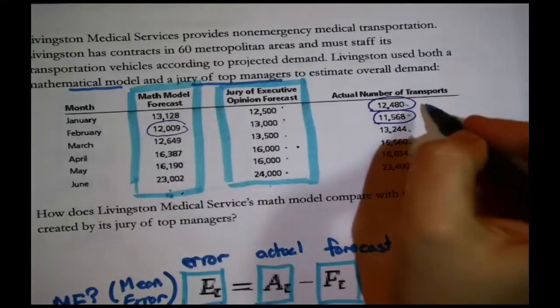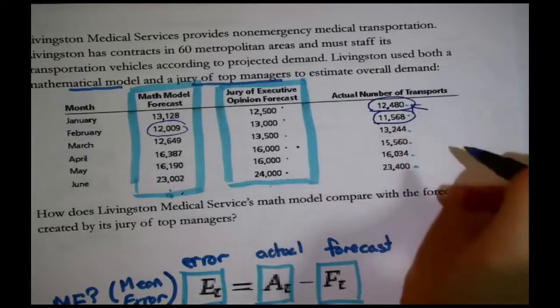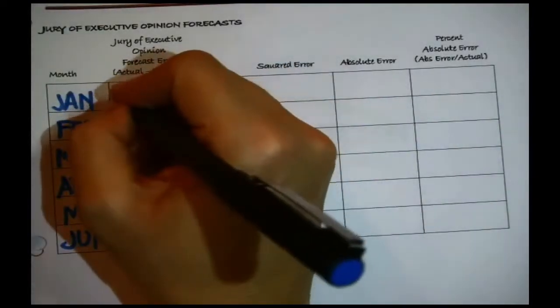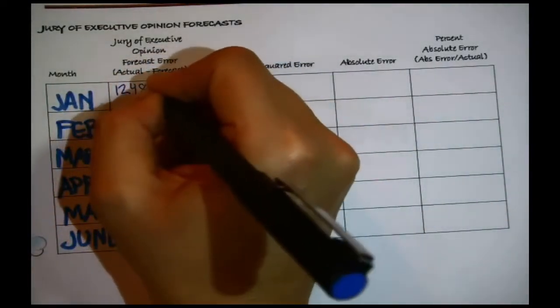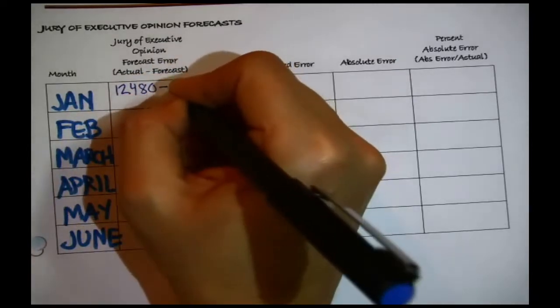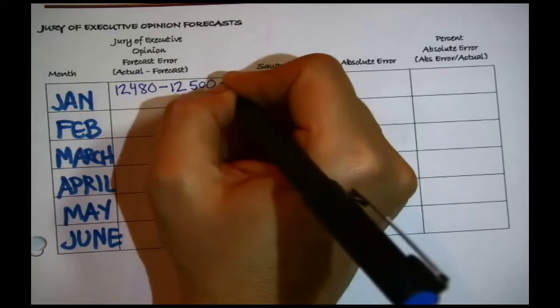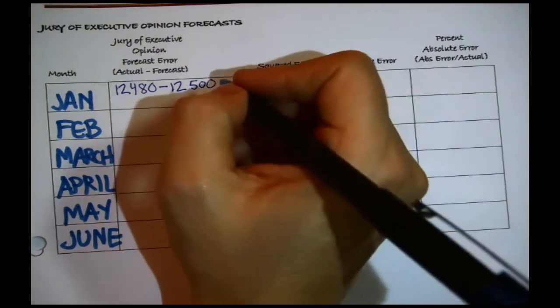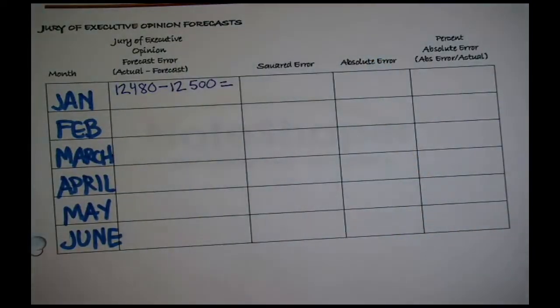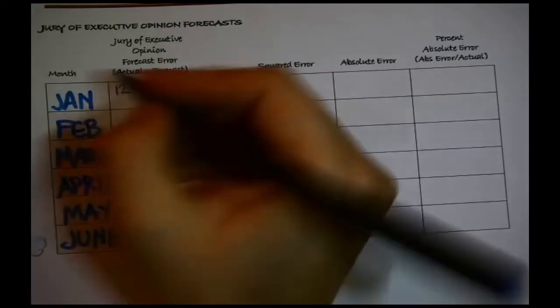It would be what actually happened, which is still 12,480, minus what they said would happen, which is 12,500. Not much of an error, negative 20.